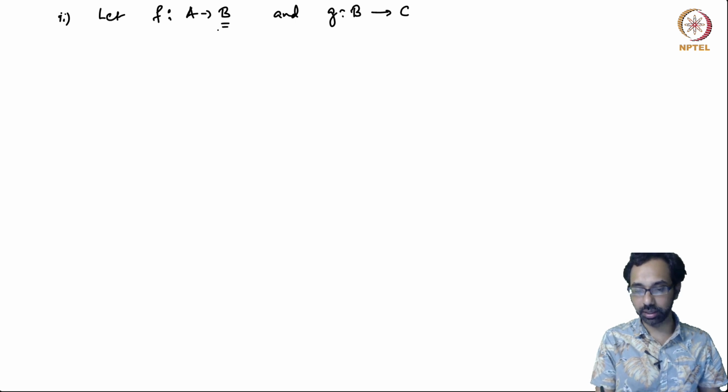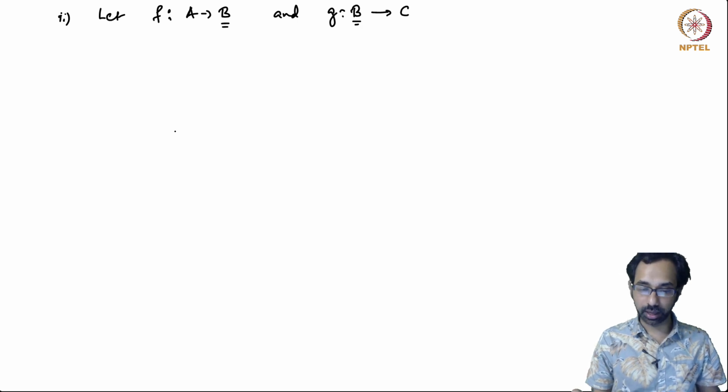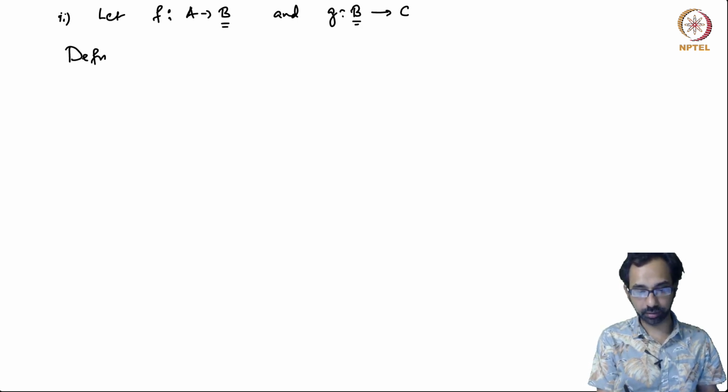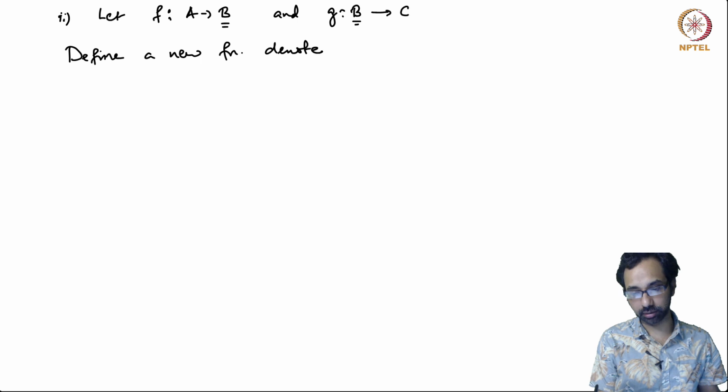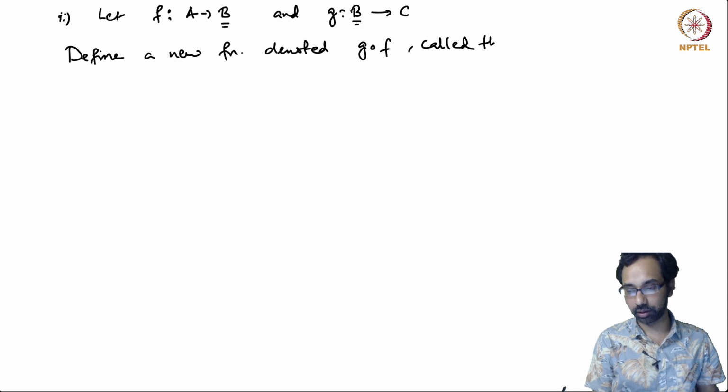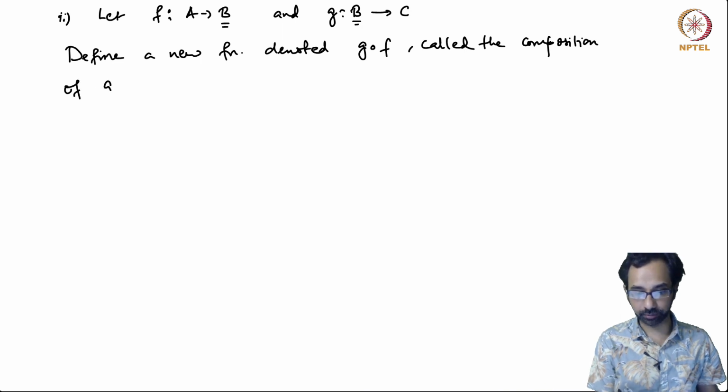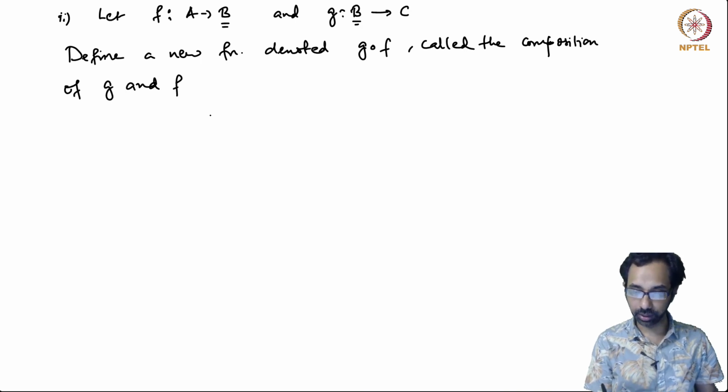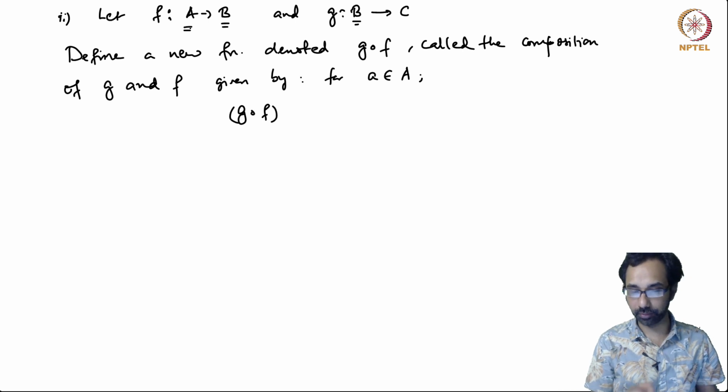So note that the range of f is the domain of g, and now define a new function which is denoted as g circle f, and it is called the composition of g and f, and this is given by this formula, the g composed with f.